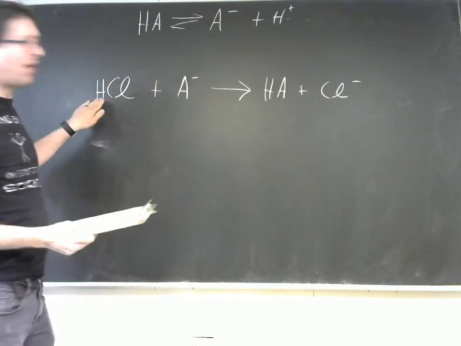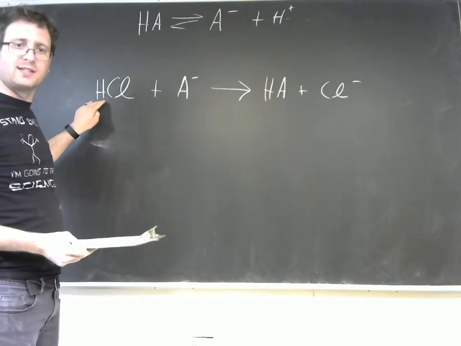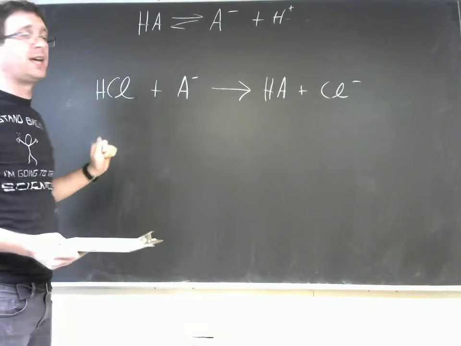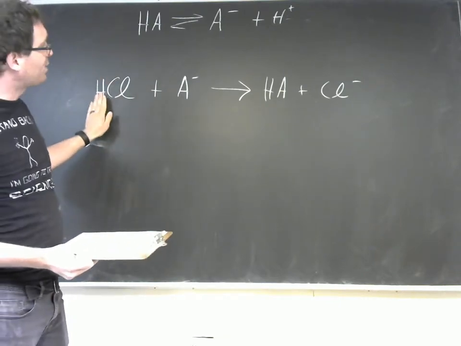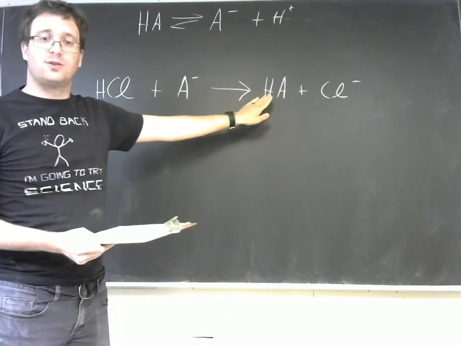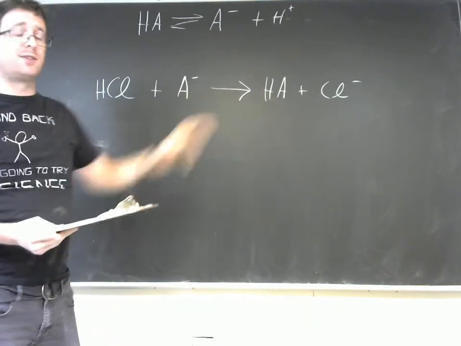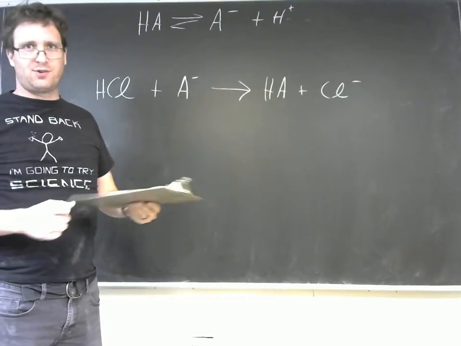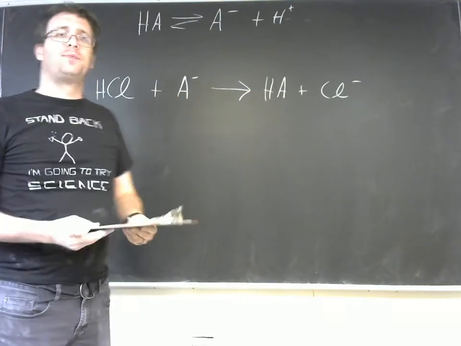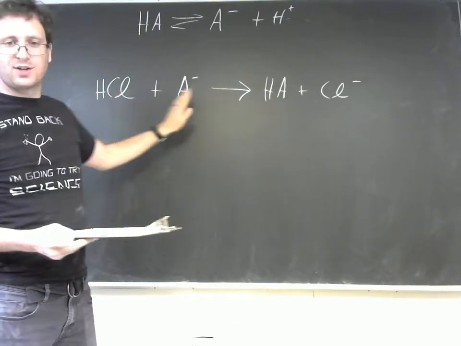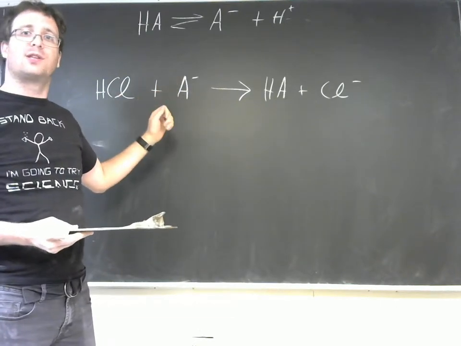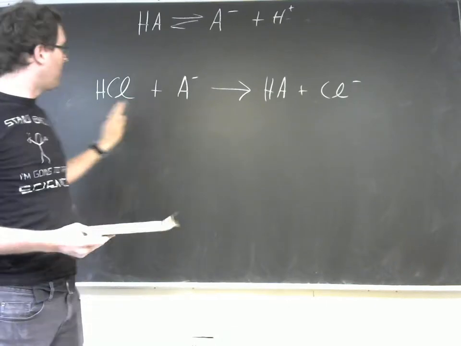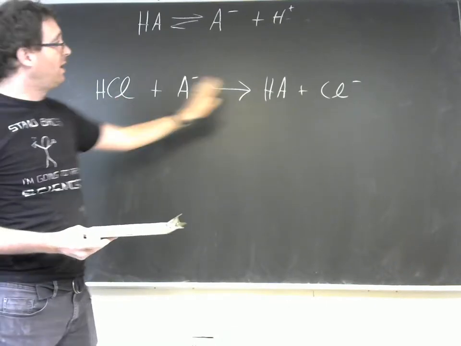So we started with hydrochloric acid, a strong acid, which in water would have donated its hydrogen 100%. And in this reaction, it was converted into the conjugate acid of our buffer system, which is a weak acid, which in water will donate its hydrogen maybe only 5%. And so this reaction has dramatically reduced the impact that we'll have on the pH by converting the HCl into HA.